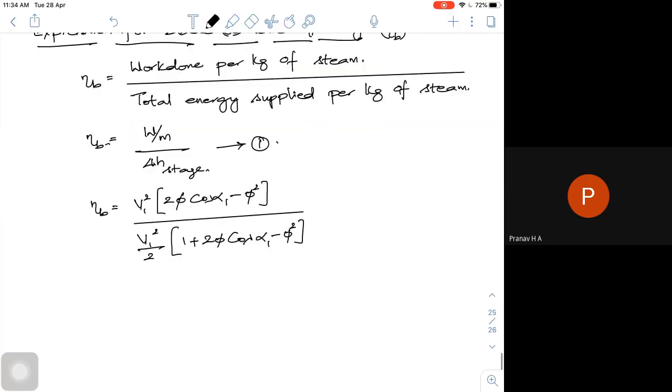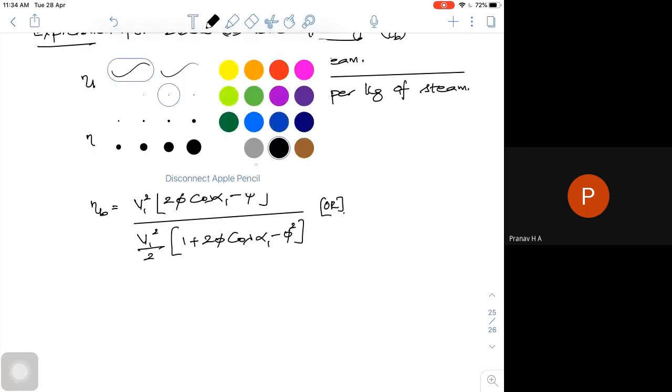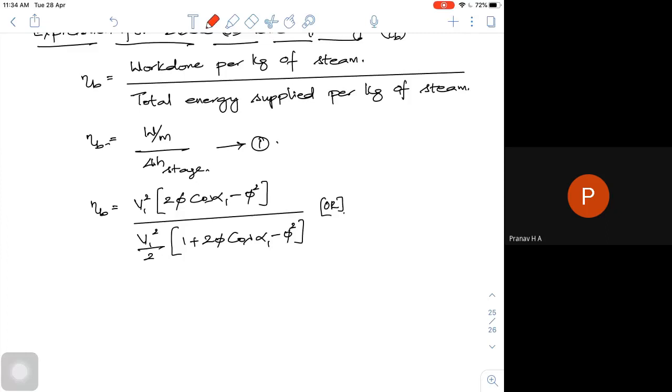I will write in terms of beta 2 on the right hand side. If you want, you can try that as practice. This will be V1 square into 2 phi cos beta 2 minus phi square divided by V1 square by 2 into 1 plus 2 phi cos beta 2 minus phi square. You will end up with a similar expression.